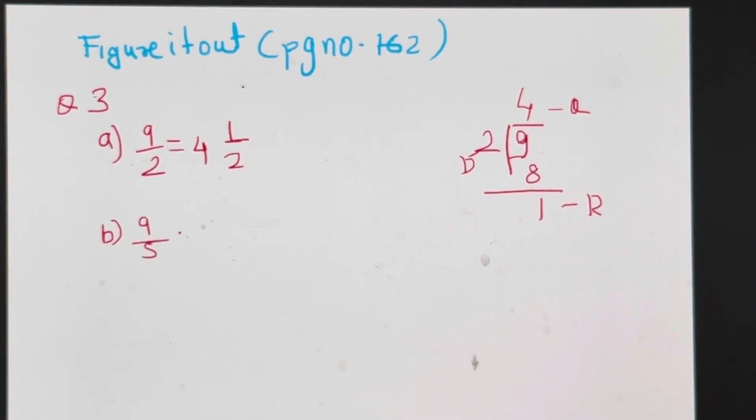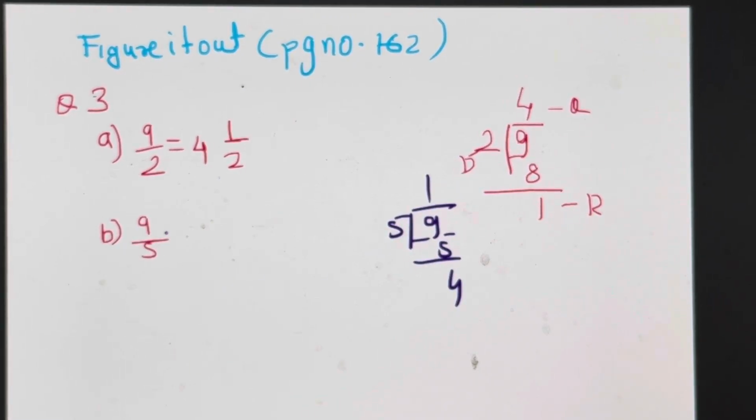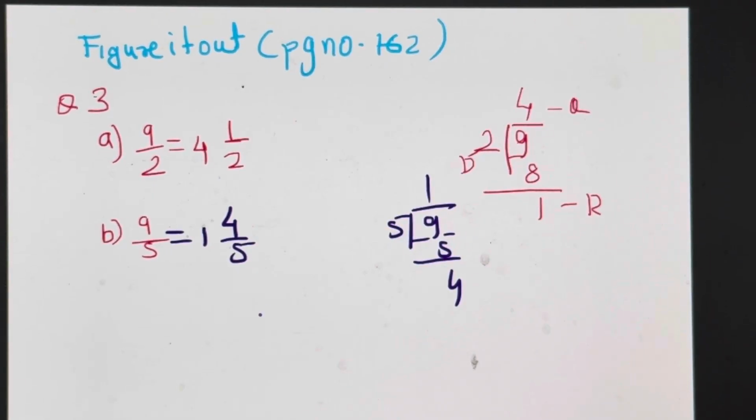9 upon 5. Again we do rough work here. 9 divided by 5. 5 ones are 5 and the remainder is 4. So the answer is 1 whole 4 upon 5. Right? Let us do question number C. This would be faster now once you understand the concept. 21 upon 19.